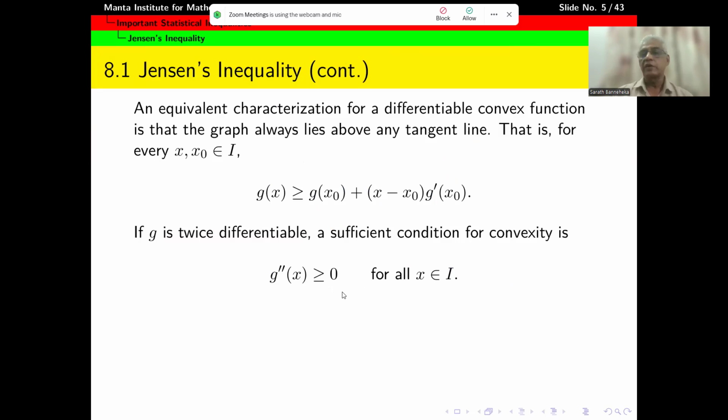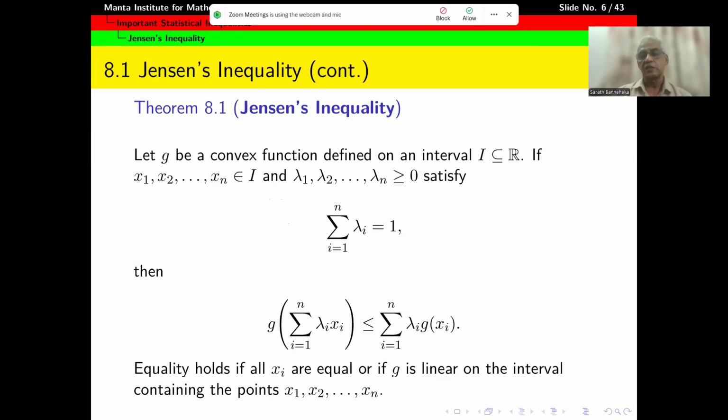Now, having defined a convex function, let us look at Jensen's inequality. Jensen's inequality is primarily a mathematical inequality, but we can, of course, use it for statistics as well. So I will first look at the mathematical inequality and then go to the statistical version of it.